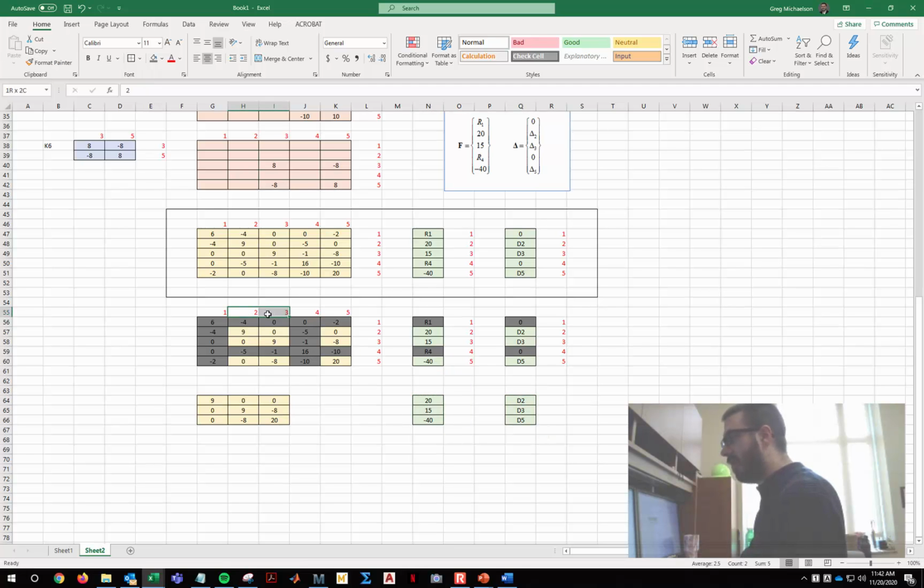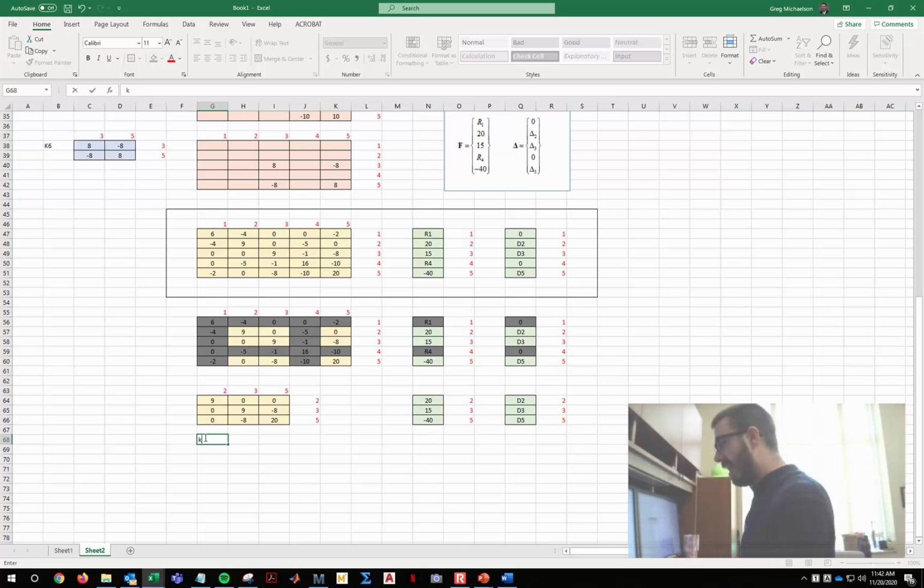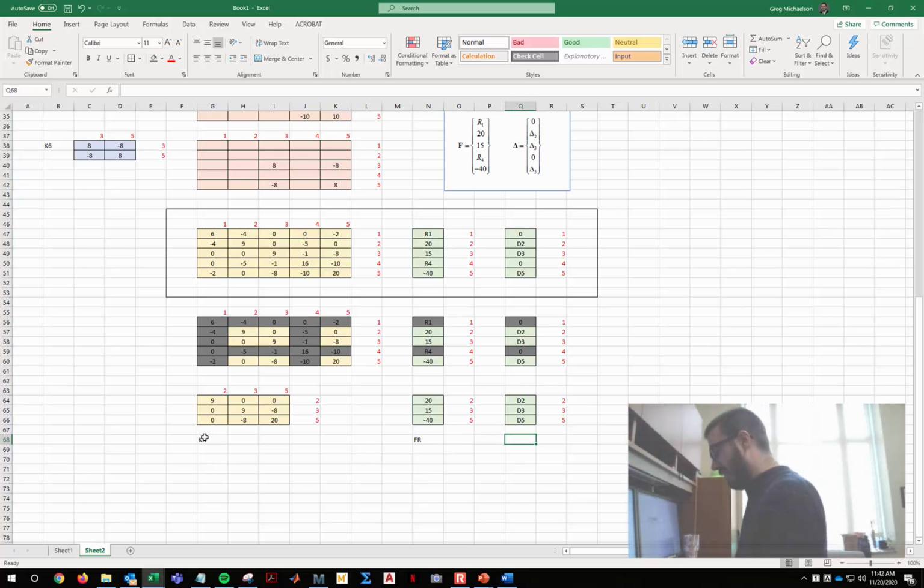And then in terms of our codes, this is 2, 3, and 5. All right. And I guess I wrote that in a little bit of a different order, right? Because this is my K matrix. This is going to be the reduced K matrix. This is going to be the reduced force vector. And this is going to be the reduced displacement vector.